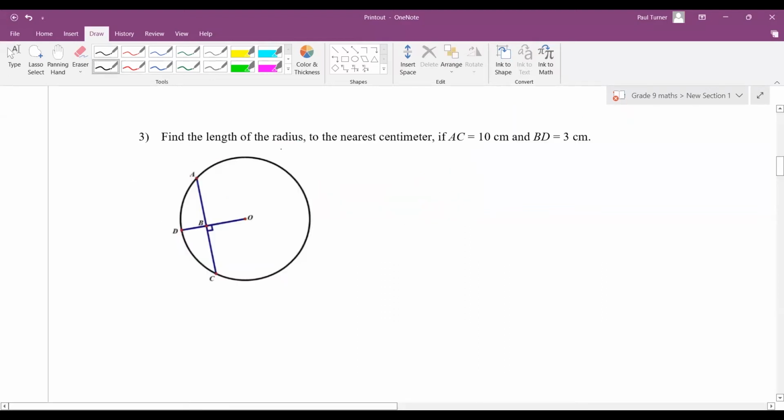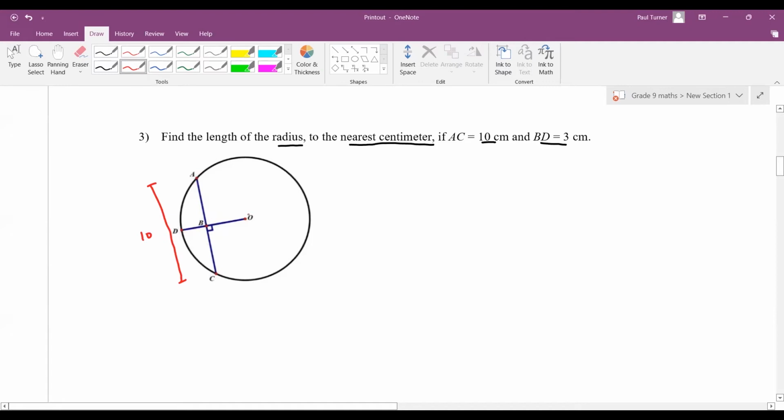So in question 3, we want to find the length of the radius to the nearest centimeter. Okay, so this actually can be rounded off to the nearest centimeter. If AC is 10 and BD is 3. So AC is 10. That's this length here.